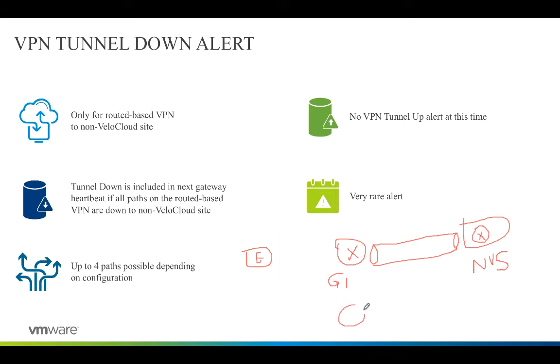I might have a primary gateway and a secondary gateway. In that case, I'm going to create 2 IPsec tunnels from the gateways to the non-VeloCloud site. If one of the tunnels goes down and the other tunnel is still up and running, we are not going to trigger a VPN tunnel down alert. If both the tunnels go down, that's the time this VPN tunnel down alert is going to get triggered.